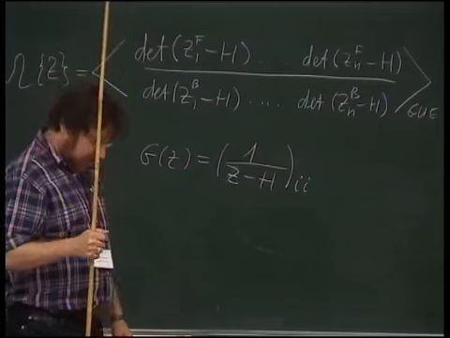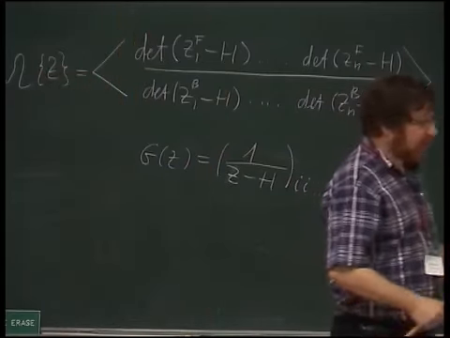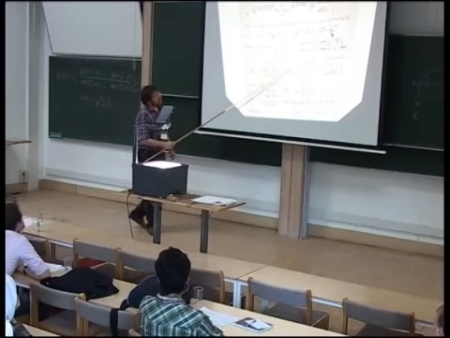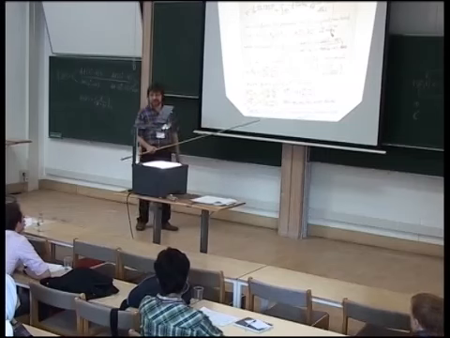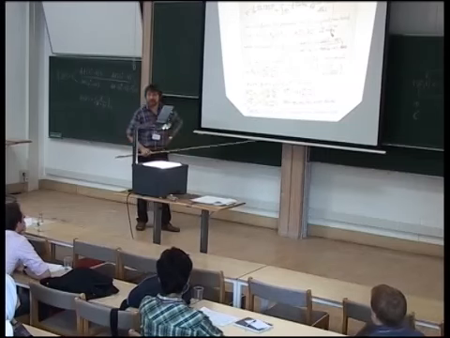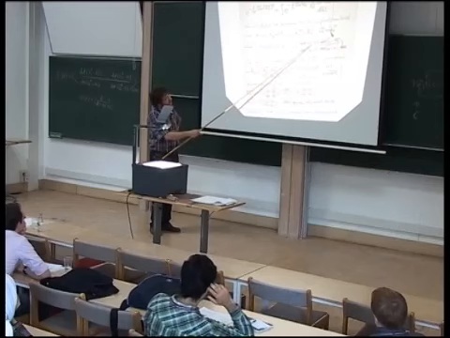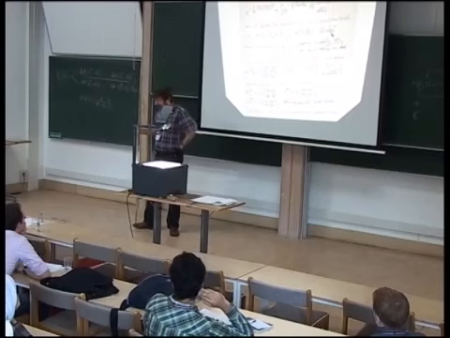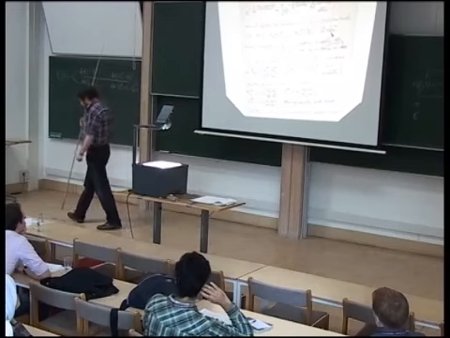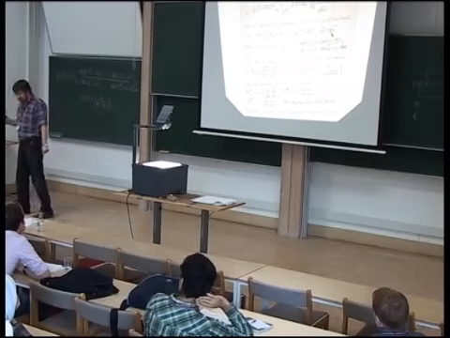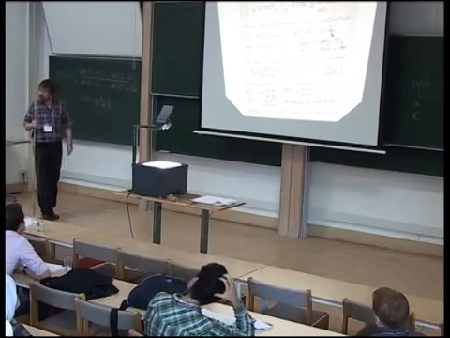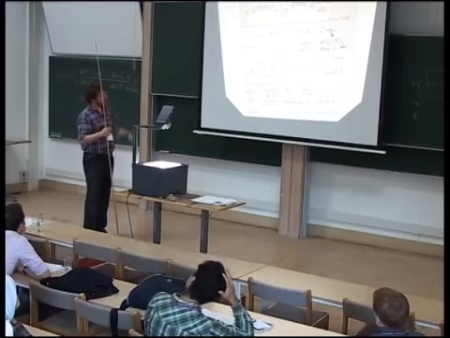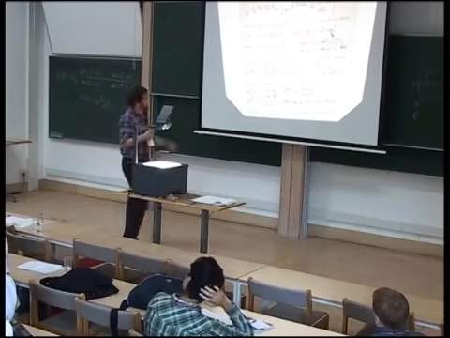But even at the level of random matrix theory, it's an interesting object, not frequently discussed in the literature, although some results are available. And my claim is that with a very simple calculation, for those of you who will be interested afterwards, I can show this. One can show that this function is in fact directly related to the Laplace transform of that joint probability density. So it's really also a meaningful object.